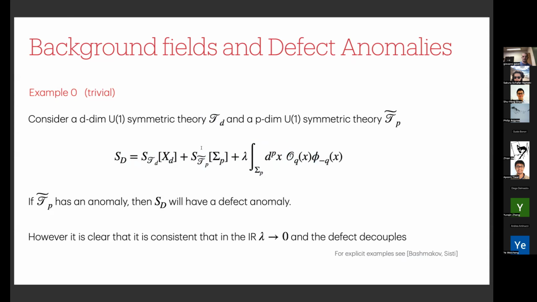So it's clear that this defect action will be symmetric under the diagonal combination of the two U(1) symmetries, and therefore the defect will be symmetric under the U(1) symmetry of the bulk.